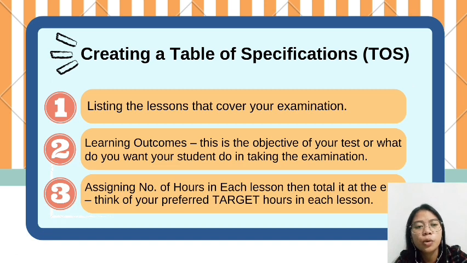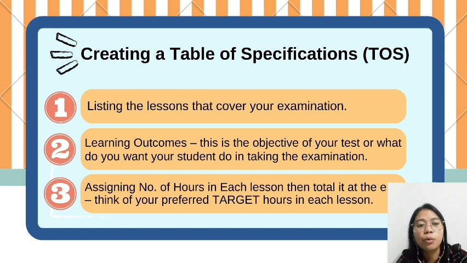First, we have to list down all the lessons that cover the examination. You have to list all the chapters, the topics that was covered during the learning period. So, learning outcomes is the next step. This is the objective of your test, or what do you want your student to do in taking the examination. You have to provide all these learning outcomes.